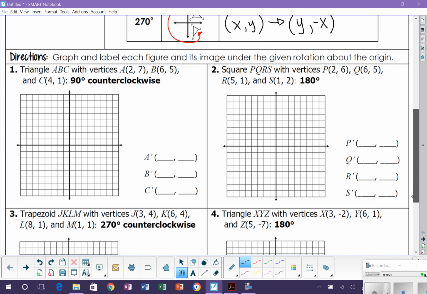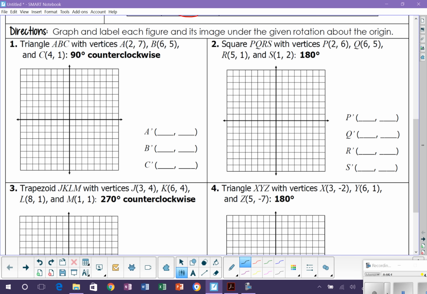All right, so let's do a problem down here. I want you to graph that triangle. Okay, so plot vertices A, B, C right now.